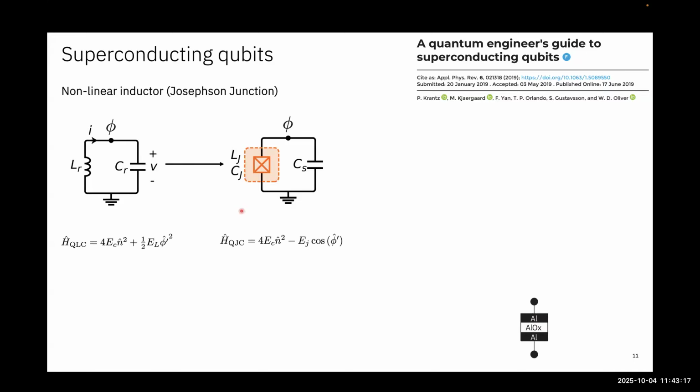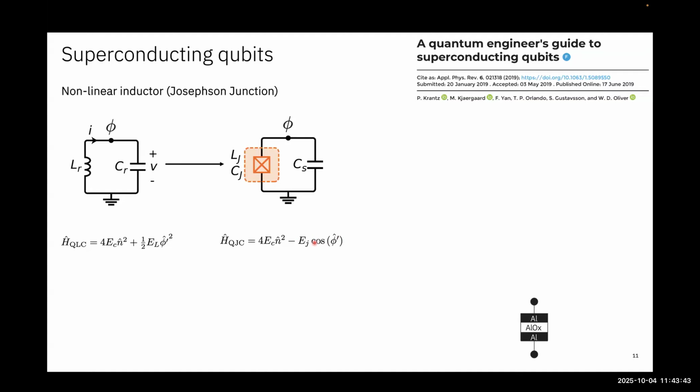To be specific, we go from the quantum harmonic oscillator Hamiltonian, which has a quadratic potential, to a system that has a nonlinear inductor, which has a cosine potential. And this is the main difference between them.